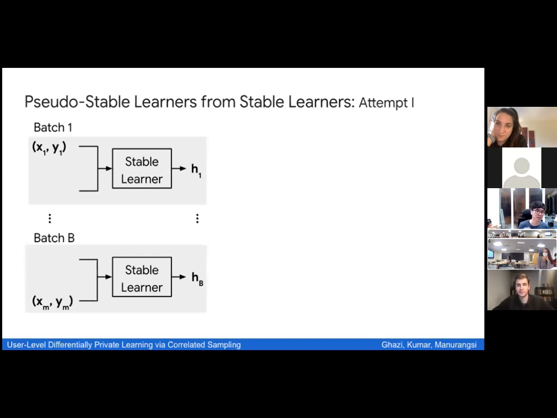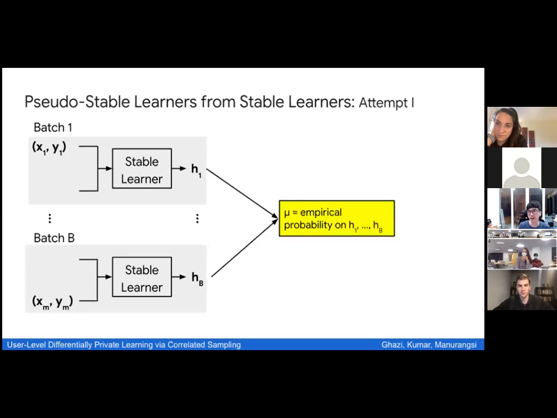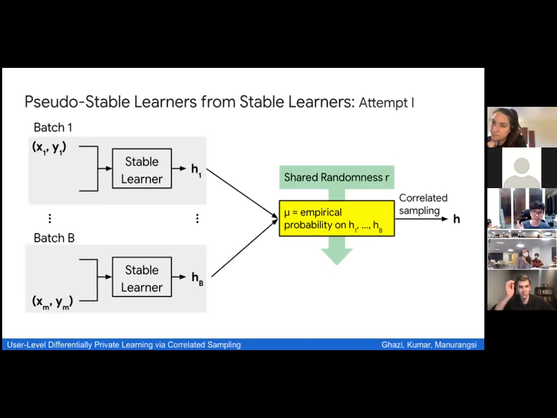And then what could be the mu? A first attempt would be to let mu be the empirical distribution on these HIs. Just to recall from the previous slide, the purpose of this mu is that you use the correlated sampling strategy to sample the output H from mu.